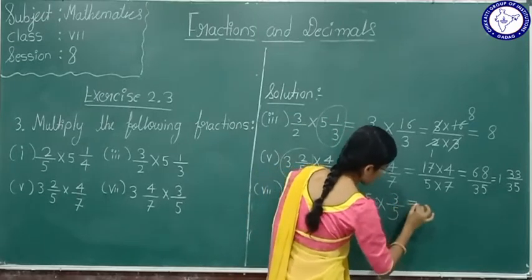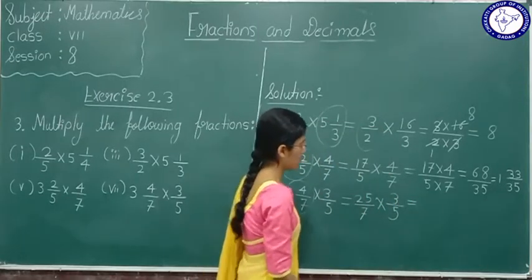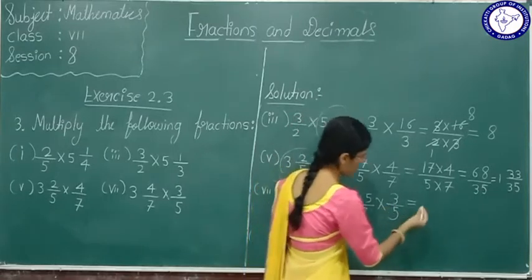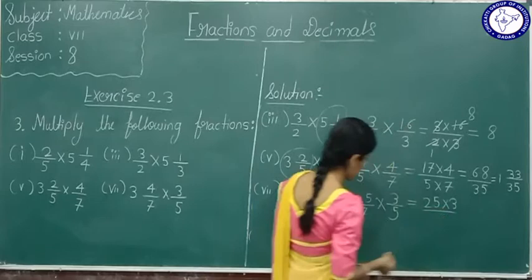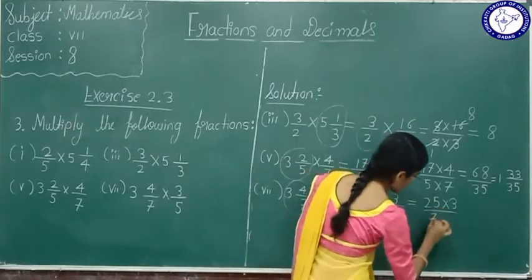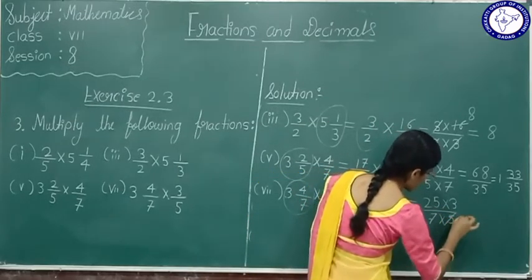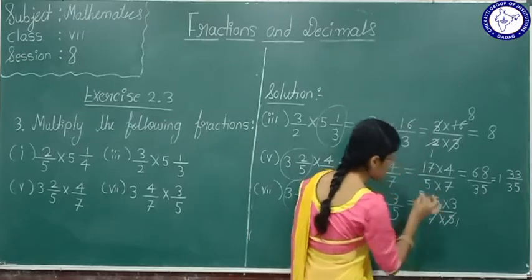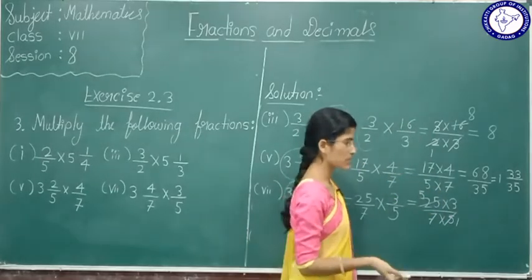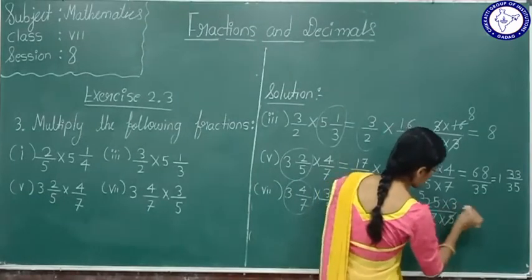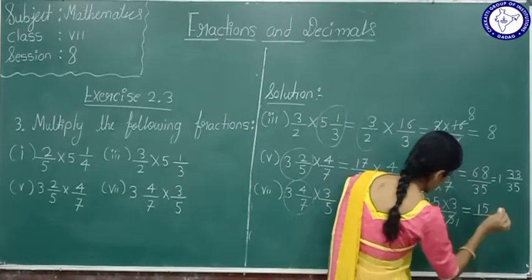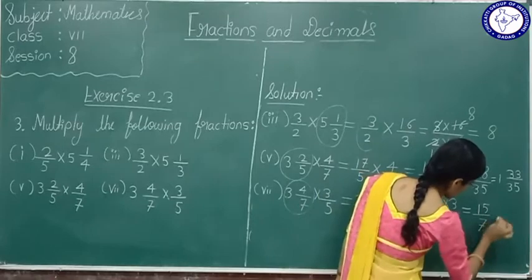Okay. Now we will multiply a fraction with a fraction, that is 25 multiplied by 3 divided by 7 multiplied by 5. Okay. 5 ones are 5, 5 fives are 25. We will cancel, okay, so our calculation will be easier. 5 threes are 15. 7 ones are 7.